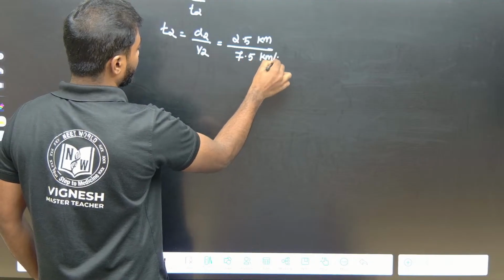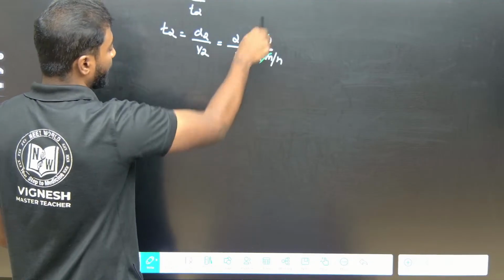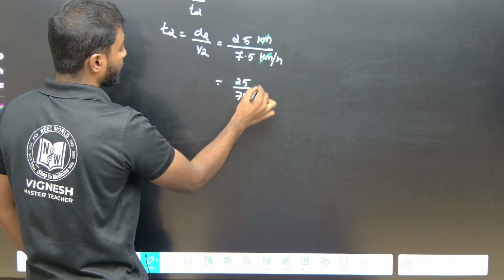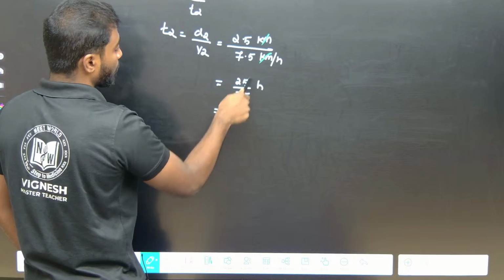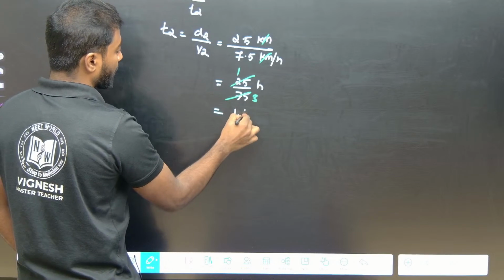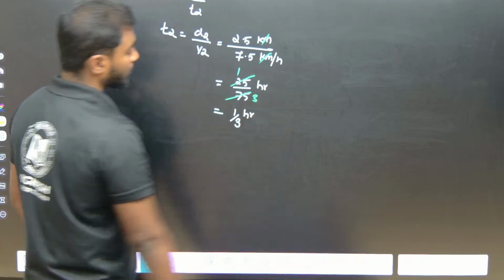Kilometer cancels, hour goes upside, so it is 25 by 75 hour, which is nothing but 1 by 3 hour. So this is my T1 and T2.